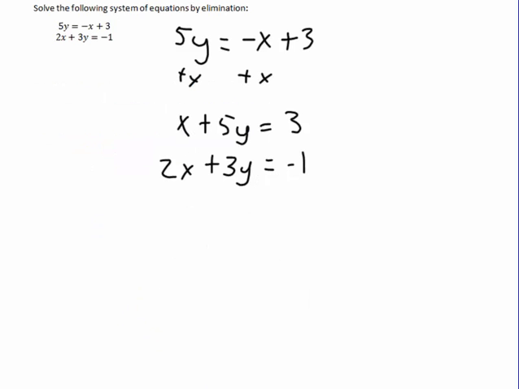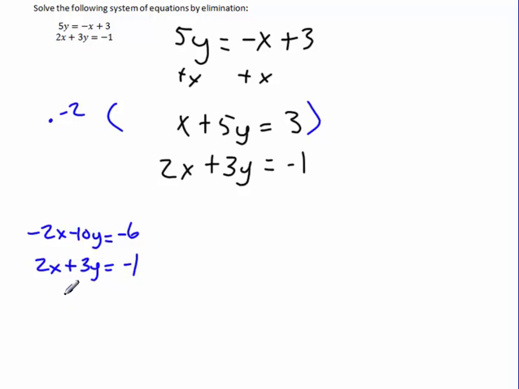So I'm going to multiply my top line, and I just want to make a note to myself. This top line here, I'm going to multiply by negative 2. And when I do that, I get negative 2x minus 10y equals negative 6. And then I want to rewrite the same second line, and I get 2x plus 3y equals negative 1.